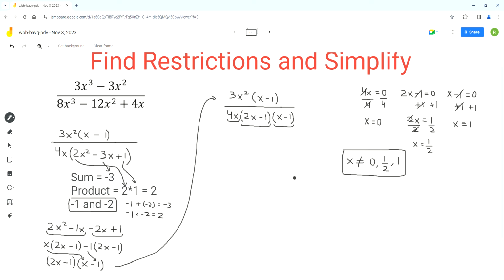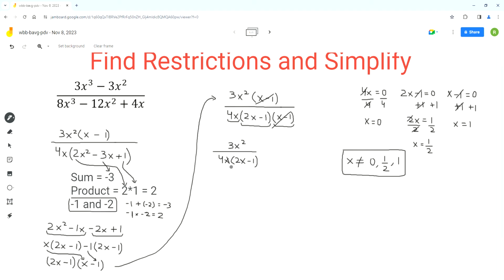Now we can simplify this expression that we get after factoring the numerator and the denominator. So we can start by cancelling out the x minus 1. So we are left with 3x squared over 4x times 2x minus 1. Now we can also cancel out one of the x's from 3x squared and 4x.